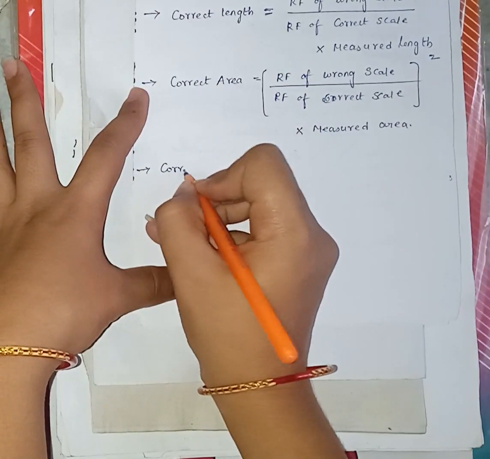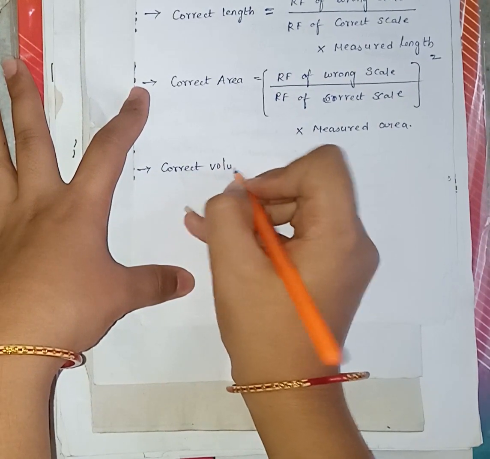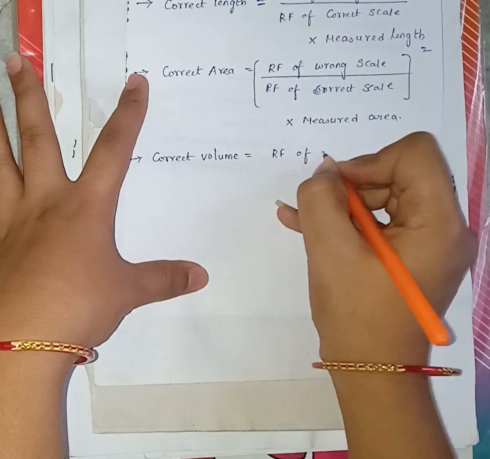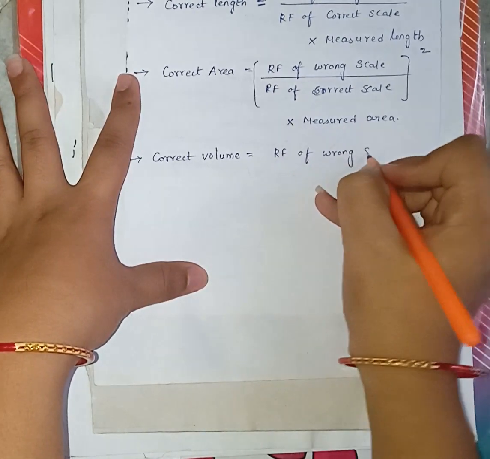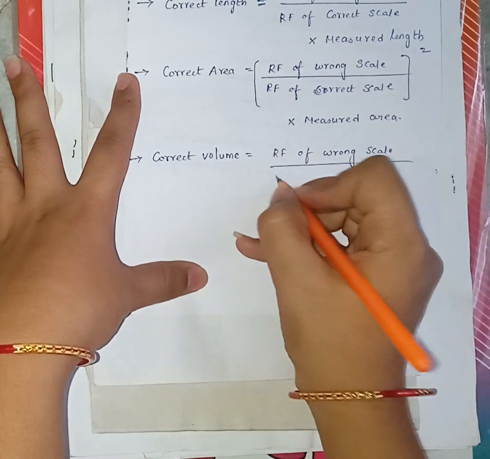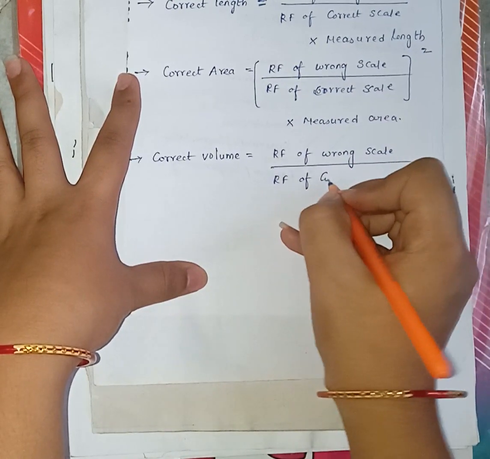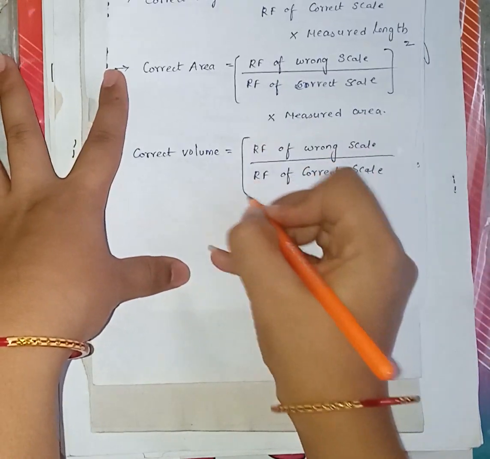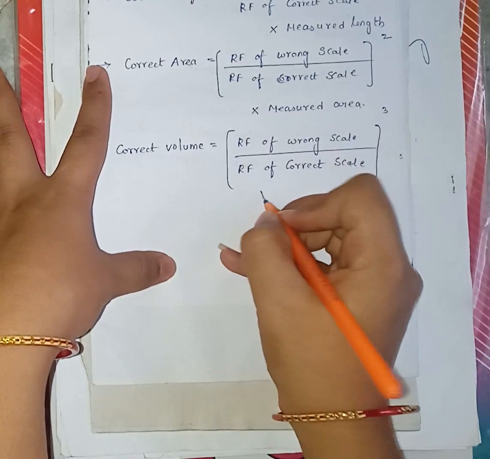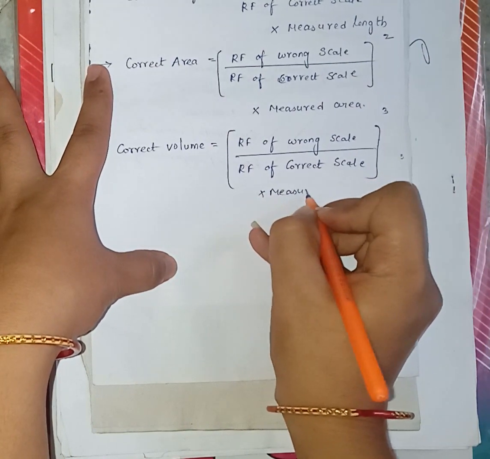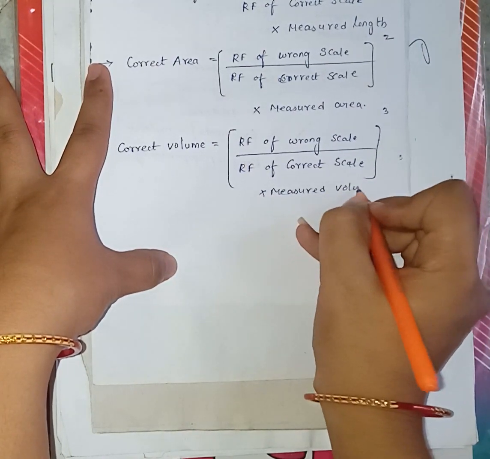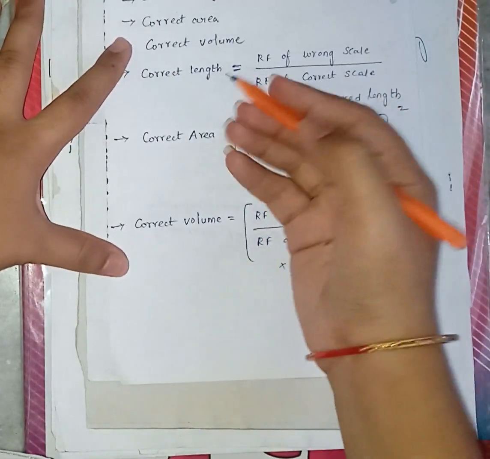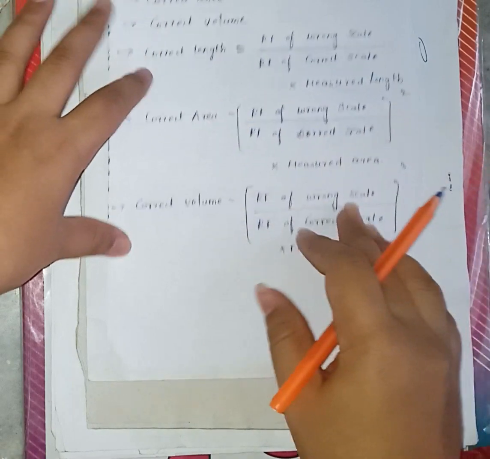Similarly, whenever there is a wrong volume, the correct volume can be found out by using the representative fraction of wrong scale divided by the representative fraction of correct scale, whole cube, into measured volume. These are the formulas for finding the correct length, correct area and correct volume.